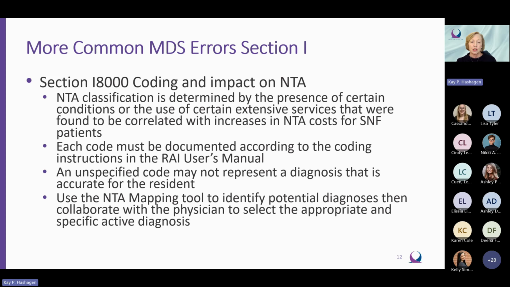So I guess the takeaway on this slide is to watch out for unspecified codes. They may not represent that a diagnosis is accurate for the resident, and we like to say that the NTA mapping tool is the place to go to check if the diagnosis that you think you want to use is supported by the documentation and provides the NTA points.